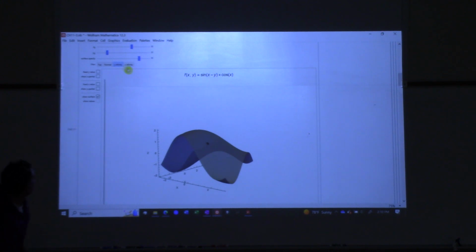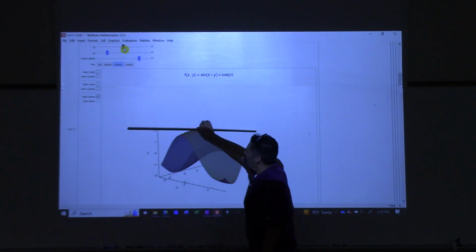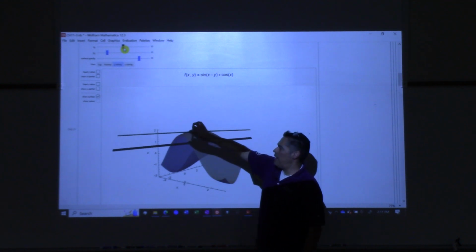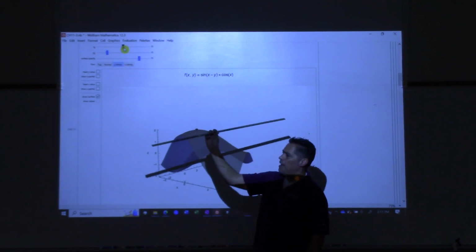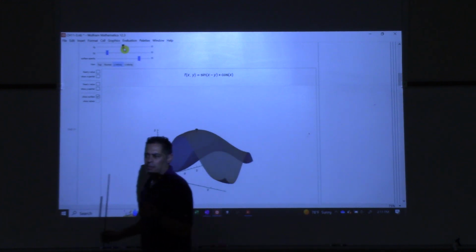Let me take the point to the top. Let's say we're up here at the top. Did you all agree that a line like that, you could argue, is tangent? But I could just take that line, spin it around like that, and any of those lines would have worked. So there's not a unique line that would be tangent.